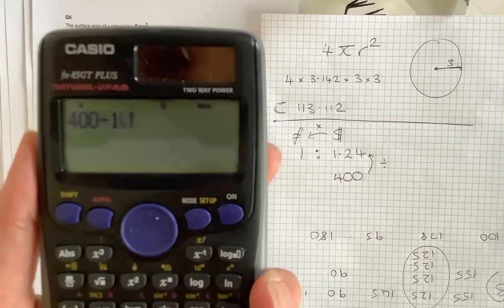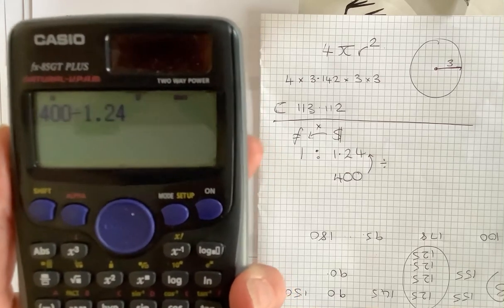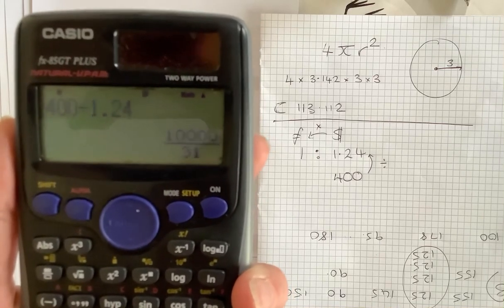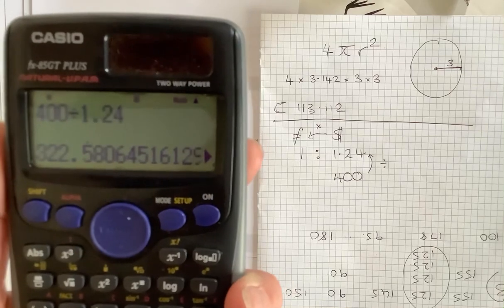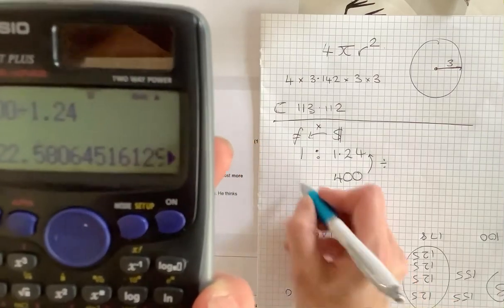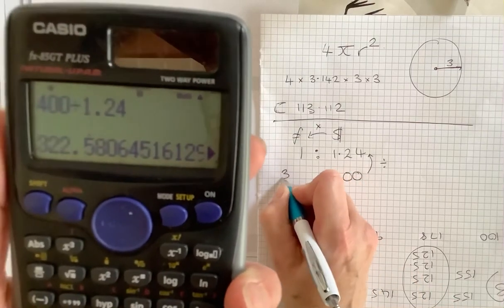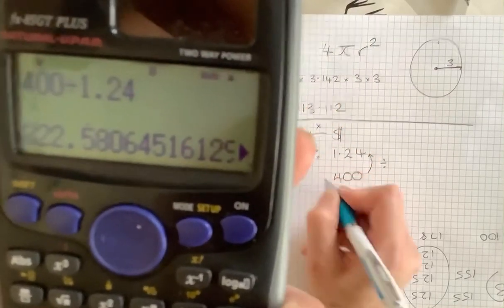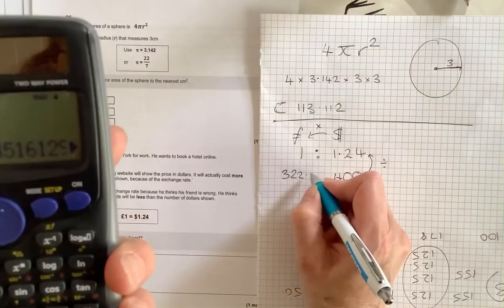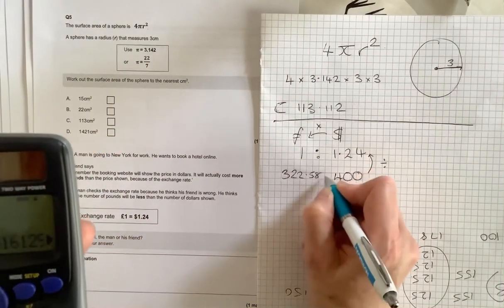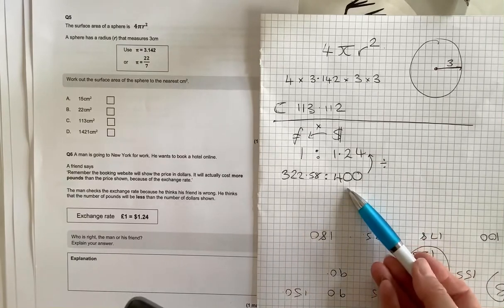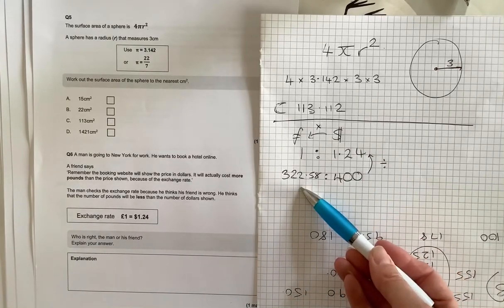Divide by 1.24 equals, we've got fraction, so let's convert it back into decimal, 322.58. So I'm going to write that there, 322.58. Sorry, I'm a bit wobbly. So that's how many pounds it would cost.